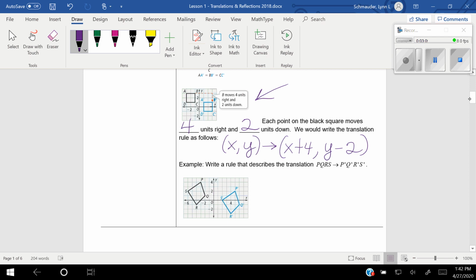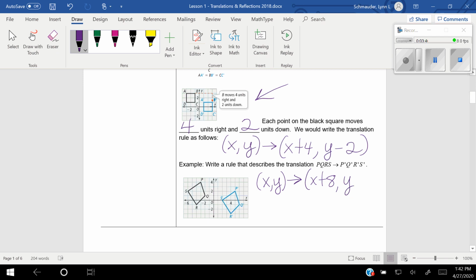Okay, let's write a rule for this one here, going from the black as the pre-image to the blue as the image. We're definitely going to the right, so I know it's going to be x plus something. I just have to count what it is. Let's look at R. I'm over here, 1, 2, 3, 4. I'm at -4, and R goes to +4, so that's 8 units. So that's going to be x plus 8.